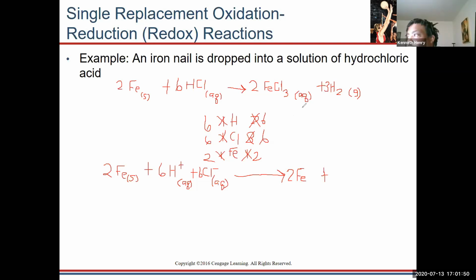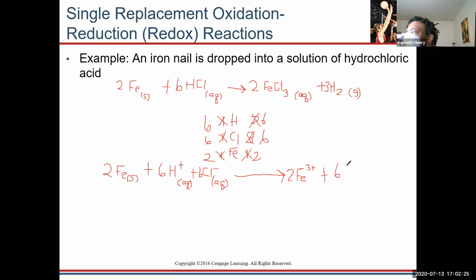And since this is aqueous, it's going to make what? What is going to be the charge on Fe? Would it be just 1 plus? 2 plus. Are you sure? No, 3. It should be 3 plus, right, because it takes 3 of the chlorine to balance it out. So how many chlorines do I have? 6.